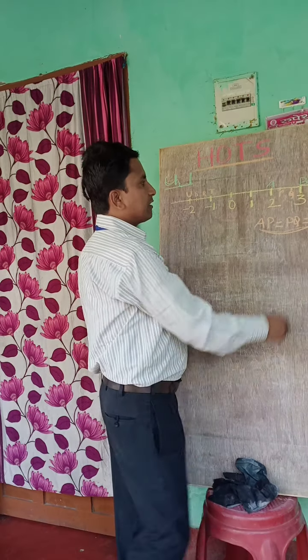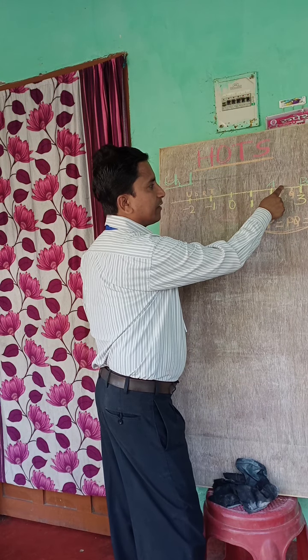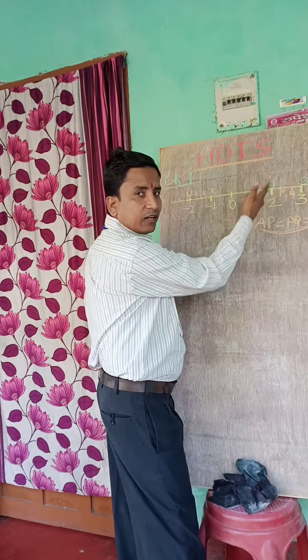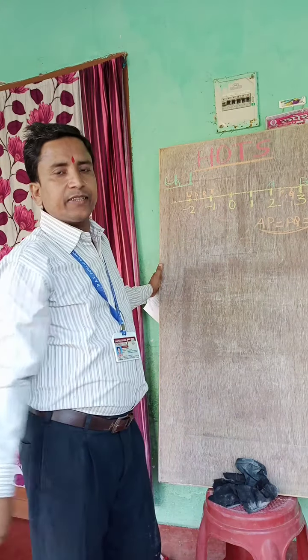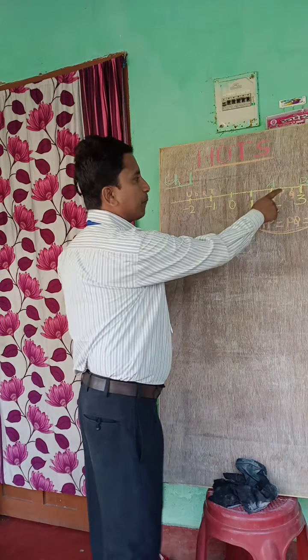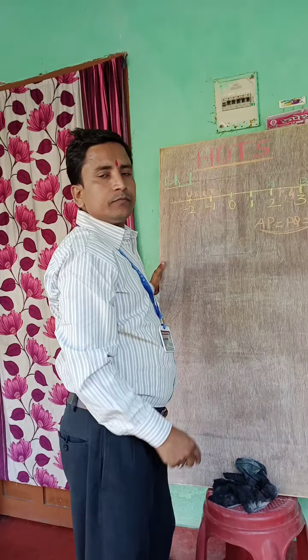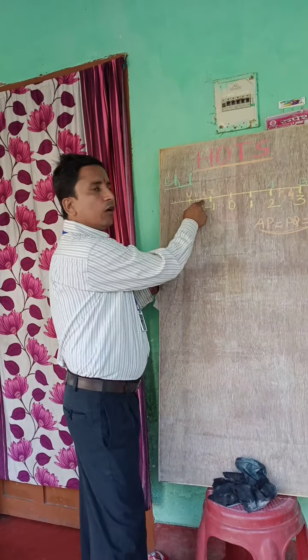So the value of P will be more than 2. The value of Q will be more than 2. Now the question is, what is the value of P? What is the value of Q? Similarly, what is the value of R and S?